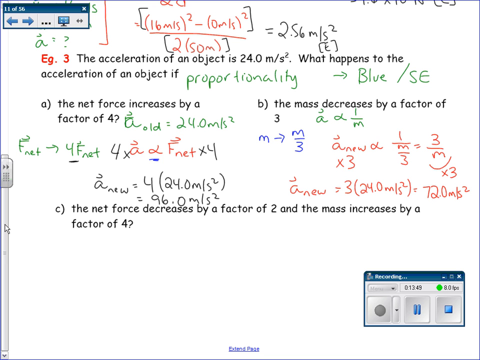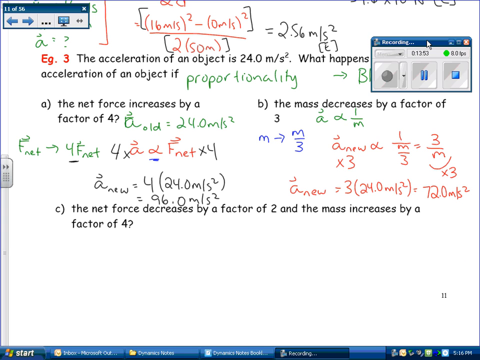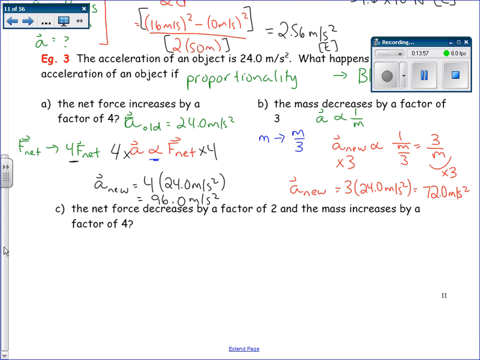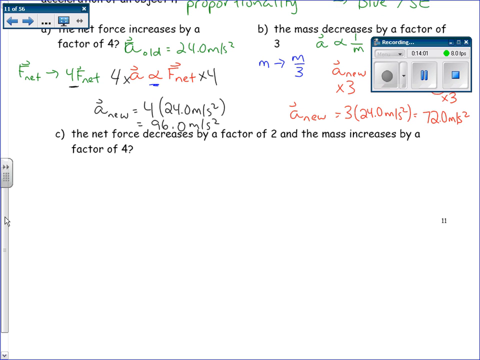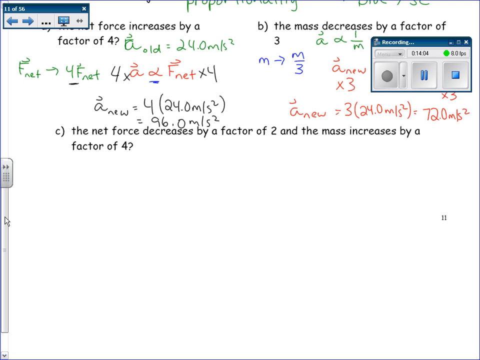So then we can also have a question where we have to combine them, where we put them together. So in this case, we want to know what the new acceleration is going to be if the net force decreases by a factor of 2. So this is a direct relationship. So acceleration is directly related to F net. So if I divide my F net by 2, I divide my acceleration by 2.